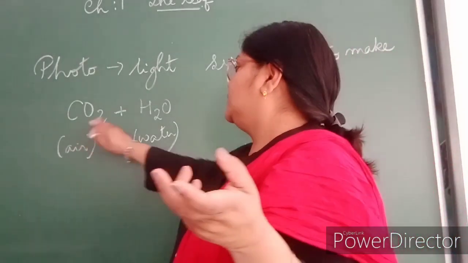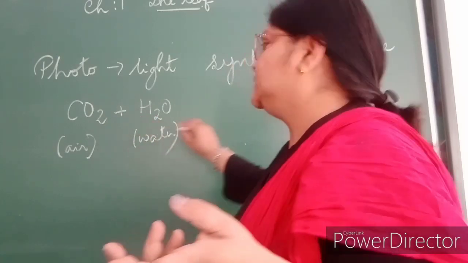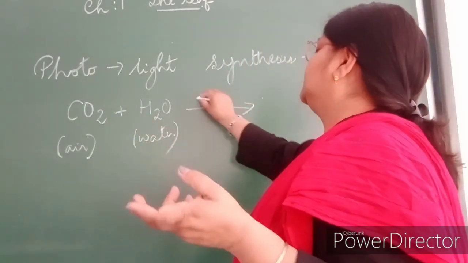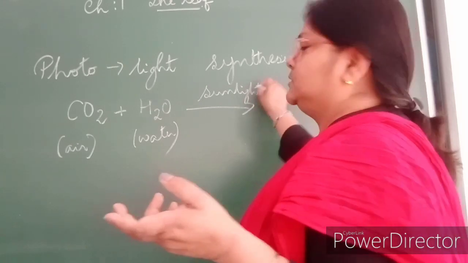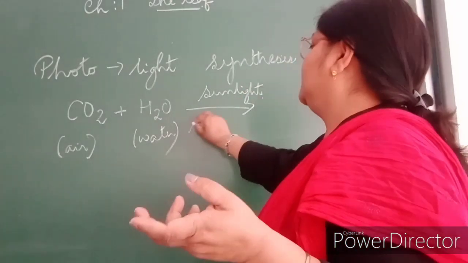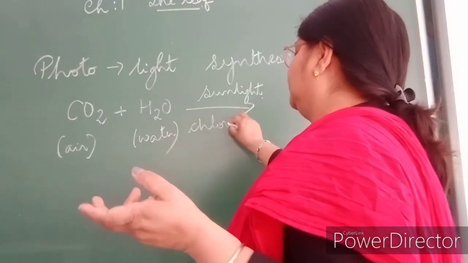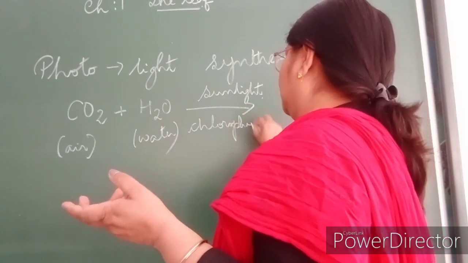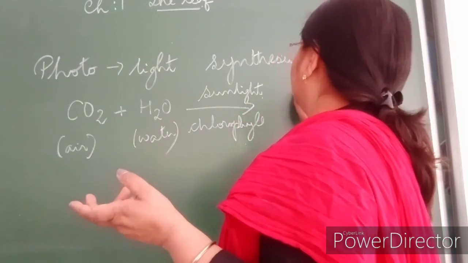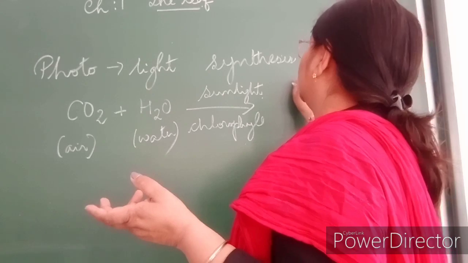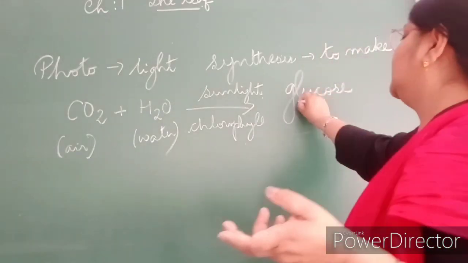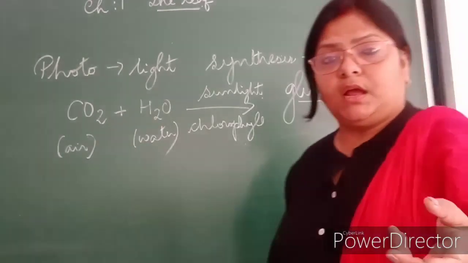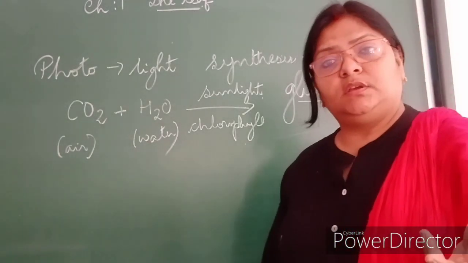So the carbon dioxide and water synthesize in the presence of sunlight, trapped with the help of chlorophyll, and form glucose. That is the food that the plant requires.